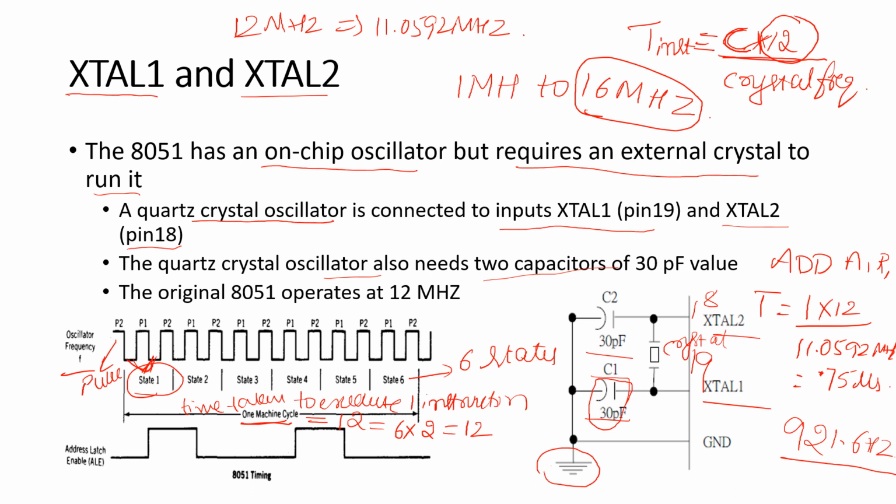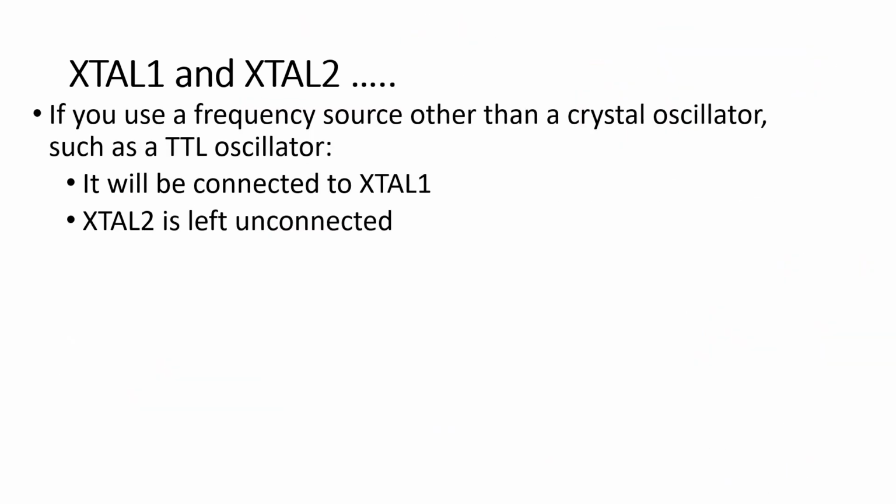We have various baud rates, to name a few, 9600, 4800, etc., which we will be discussing in a later section. Now, the timing of execution of one instruction is given by C into 12 divided by the crystal frequency. So this is about XTAL 1 and XTAL 2.